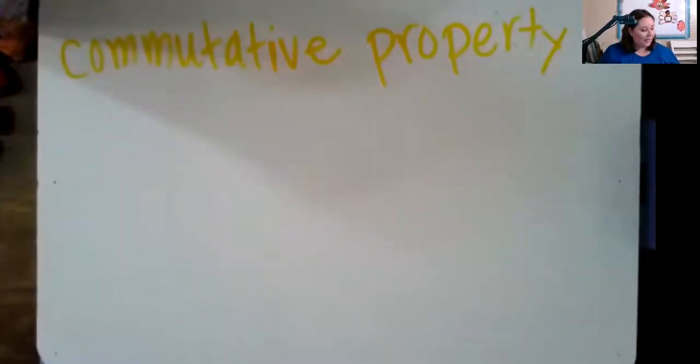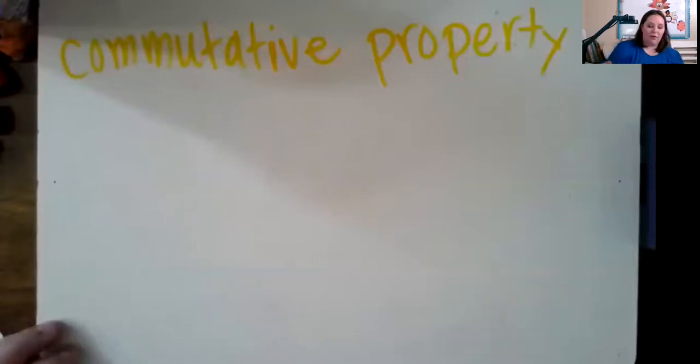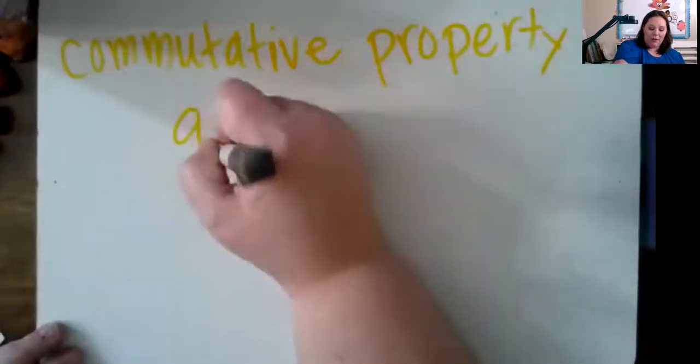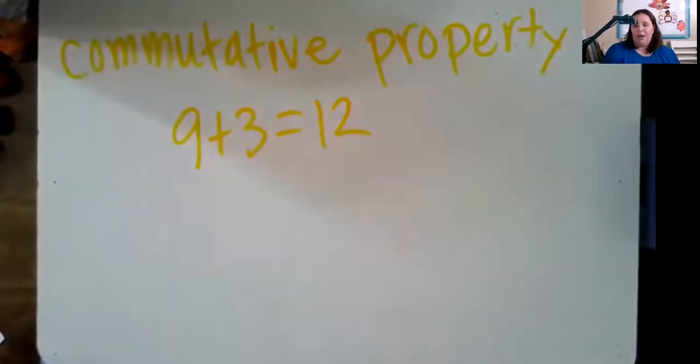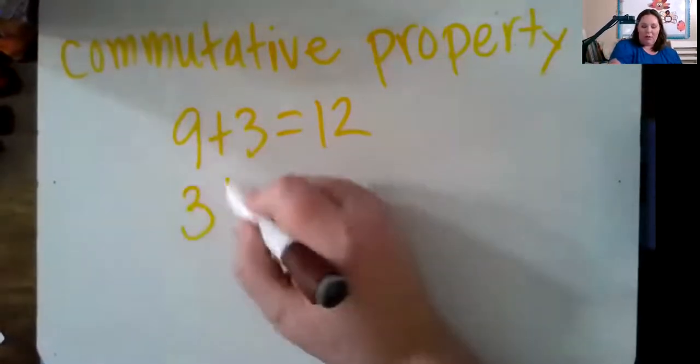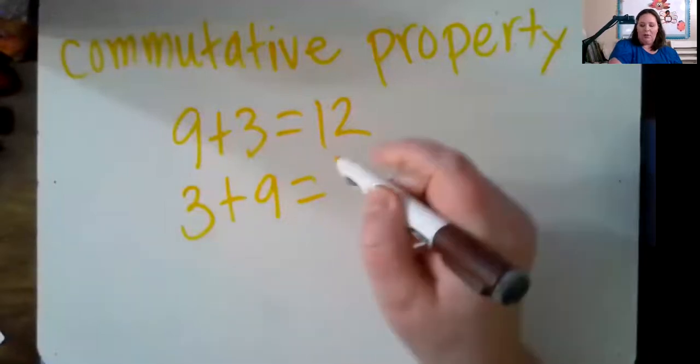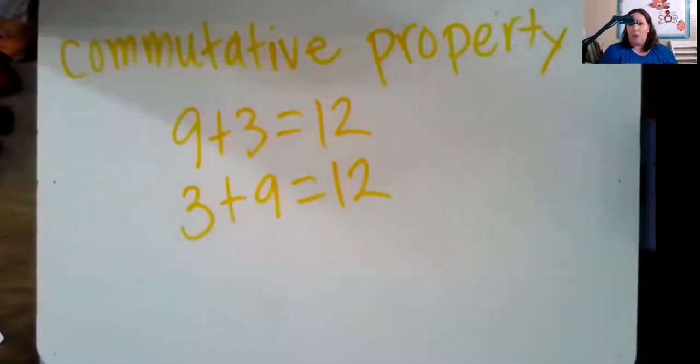And it basically says we can add numbers in any order and it doesn't matter, we'll get the same answer, okay? So for example, our 9 plus 3 equals 12 that we just did, according to the commutative property, 3 plus 9 would also equal 12.